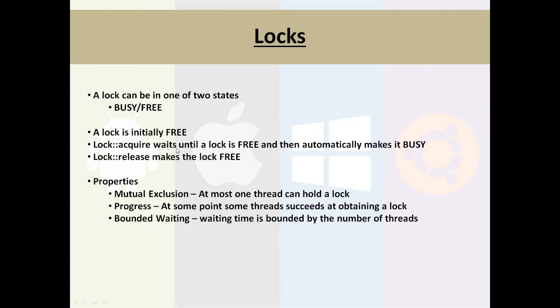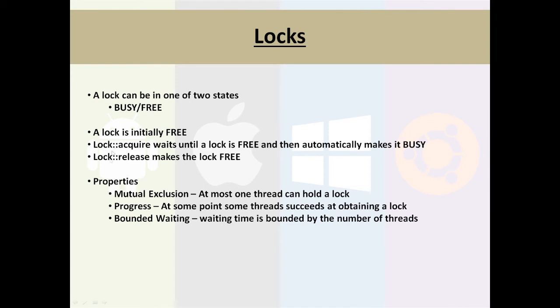By waits, it's kind of like that looping thing again, but we'll get into the specifics of it. So it waits until a lock is free, and then automatically makes it busy, setting the state parameter to busy. Lock release simply makes the lock free, or changes the state parameter to free.